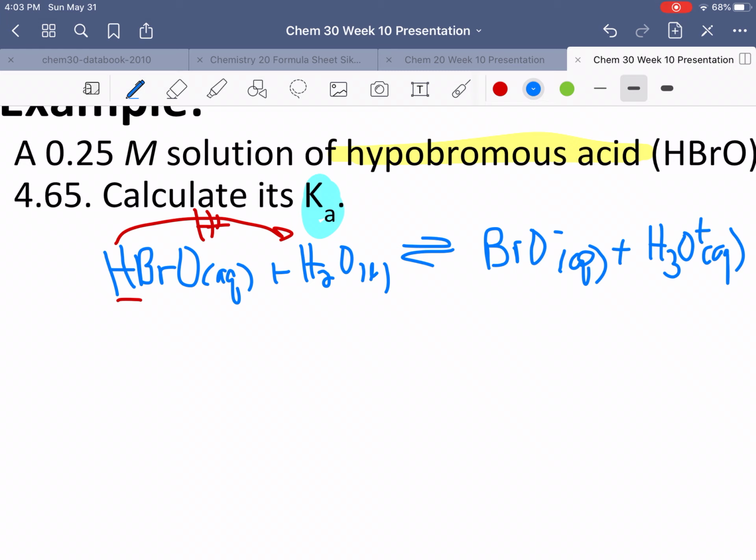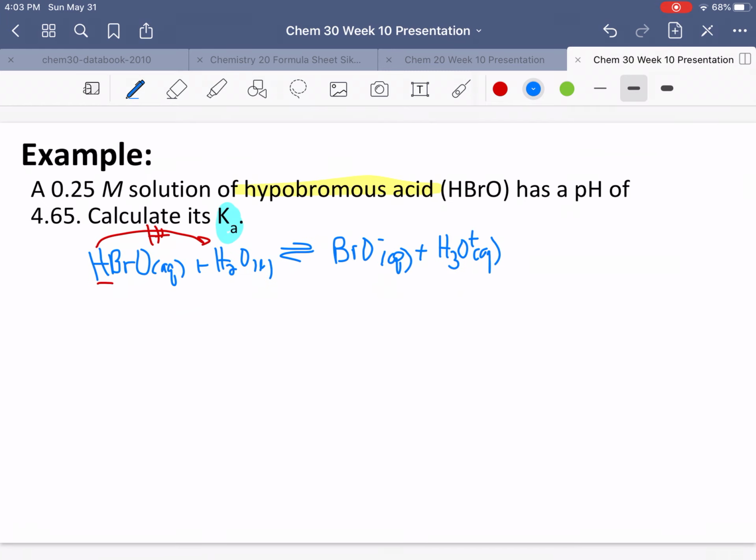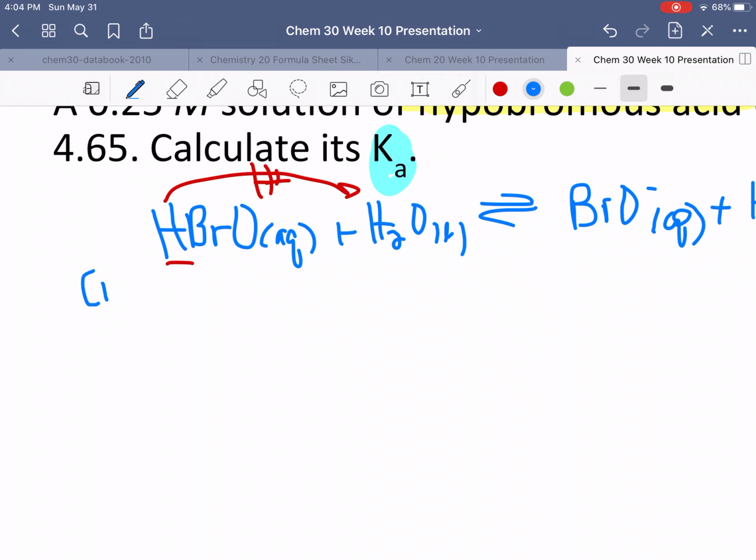Now, guys, here is that scenario where very much so we're dealing with an equilibrium system. We have an initial concentration of everything. We will have our change in concentration, and we will have our equilibrium concentrations. You're given the concentration of the hypobromous acid, so that 0.25 molarity goes here.